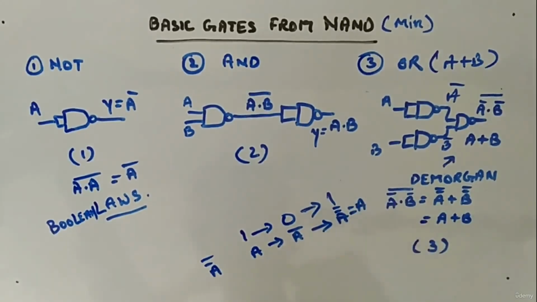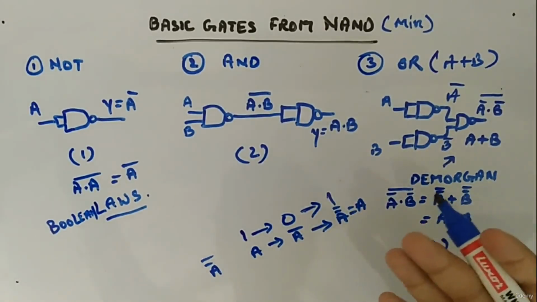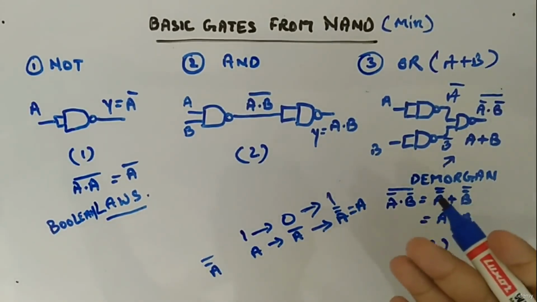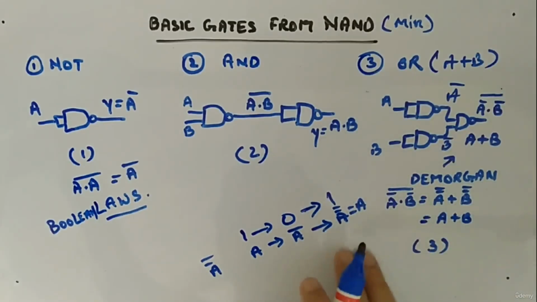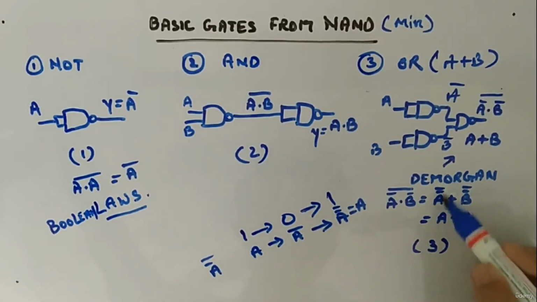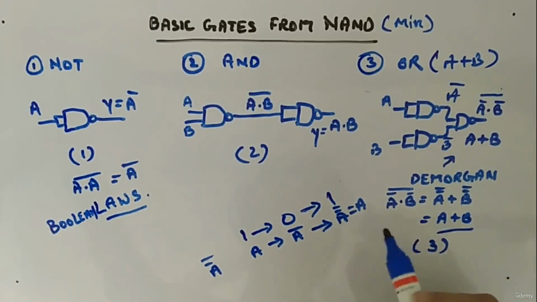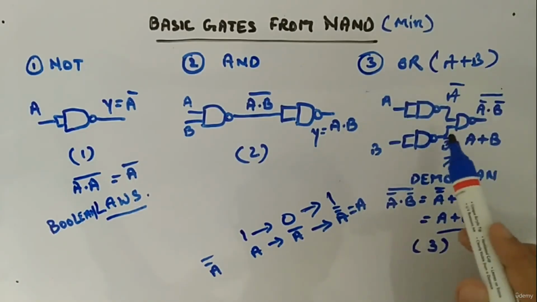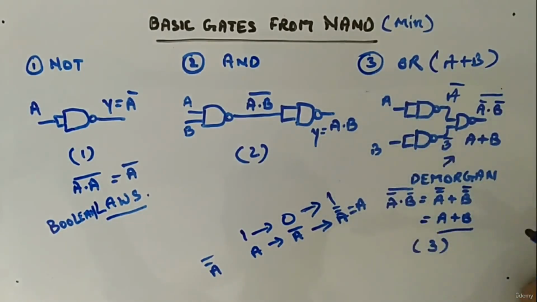If you complement something and then complement it again, you get the original. That is the logic. So this is equivalent to a and this is equivalent to b, and this is the OR gate. So a total of 3 NAND gates are required to make OR functionality: 1, 2, 3.